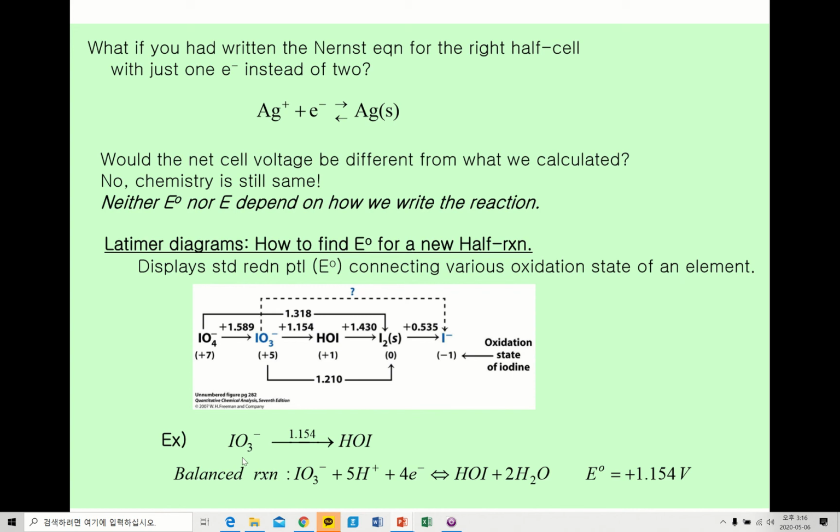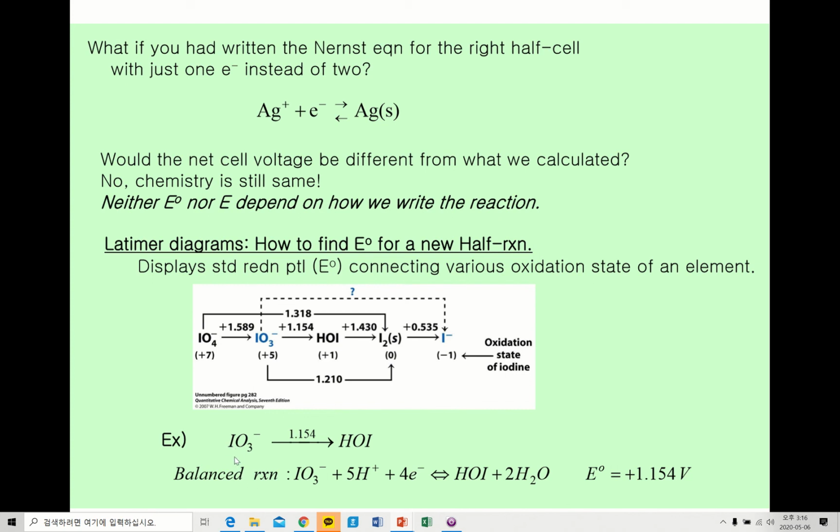Although the diagram gives very simplified information, you have to write the complete half reaction. Let me explain very briefly. The first thing you have to do is know the oxidation state of iodine.